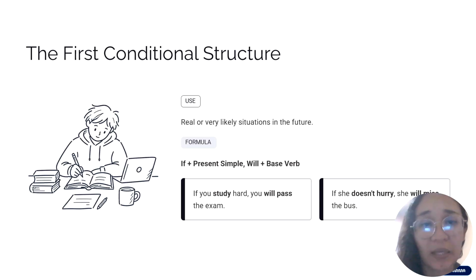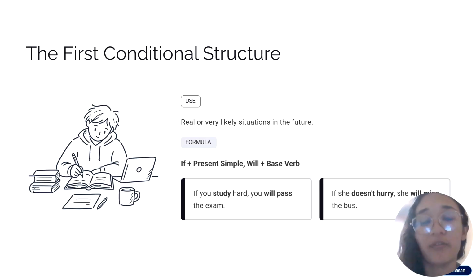Now, let's explain and clarify the grammar. The first conditional is used for real life situations in the future that are going to happen. The structure consists of two parts: the conditional clause, which uses if plus the simple present, and the result clause, which uses the word will and a verb in the base form.